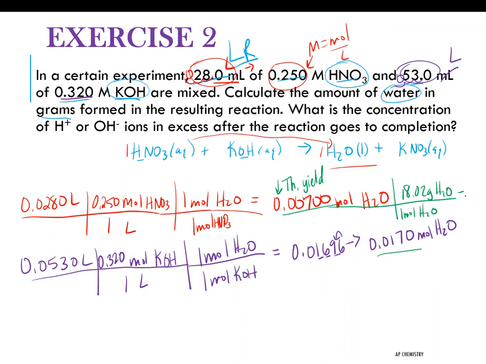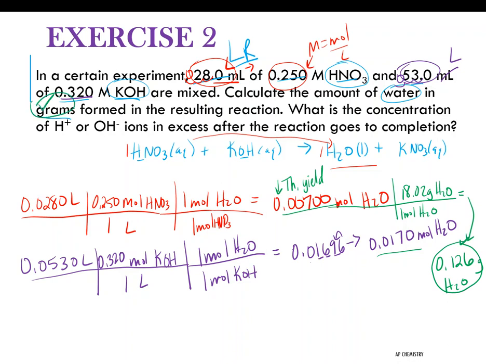Probably have that one memorized by now, which you should. So we multiply those out, and I end up getting, I'll write it down here, 0.126 grams of water. All right, so that's all good. We checked that off. We got the grams. All done.